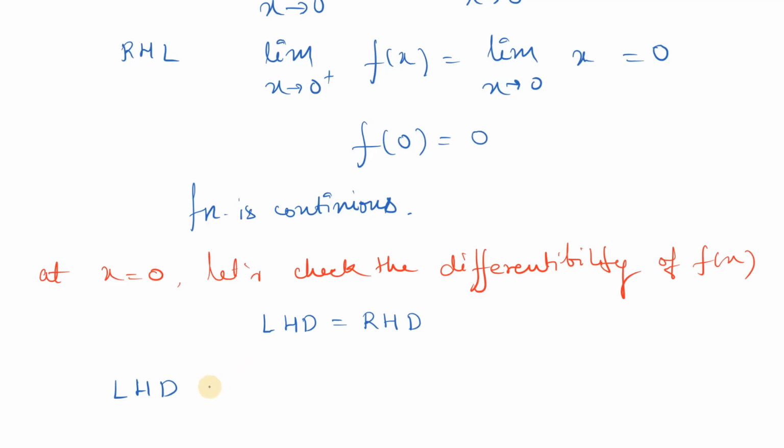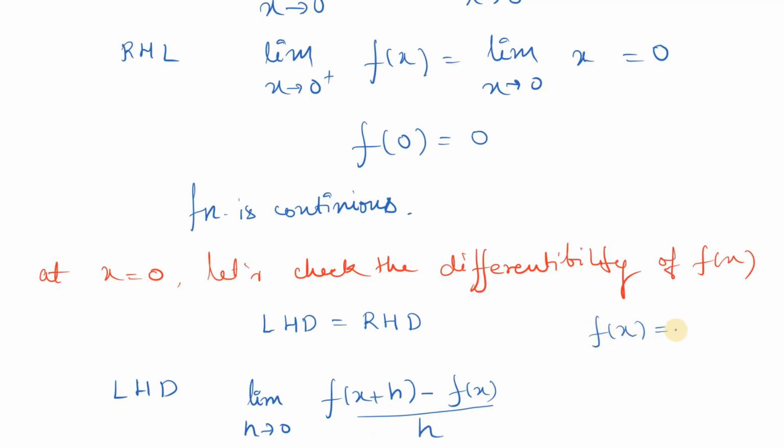for this function, in general we can write it as limit h tends to 0, where h is a dummy variable, of f of x plus h minus f of x upon h. Here f of x is modulus of x, that we already know.